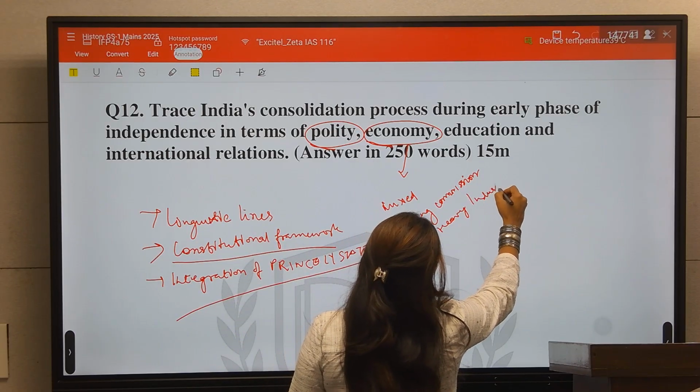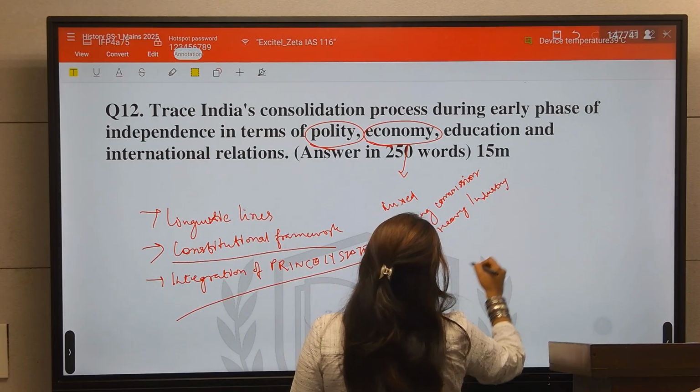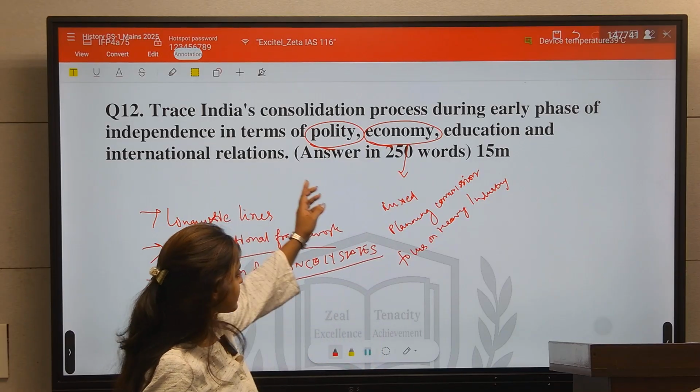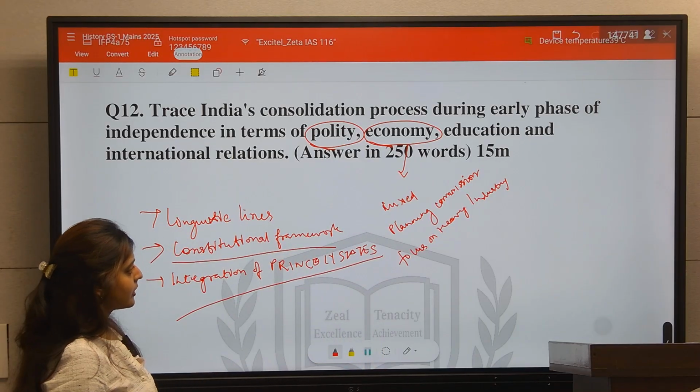Focus on heavy industry. So these are all points for economic development.